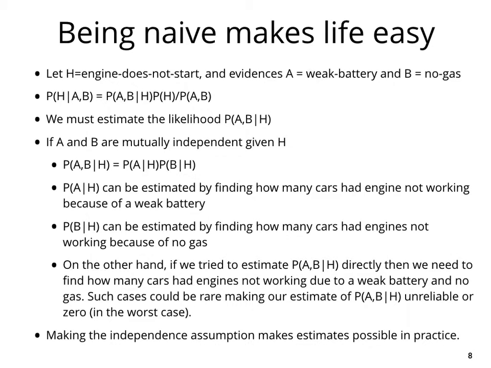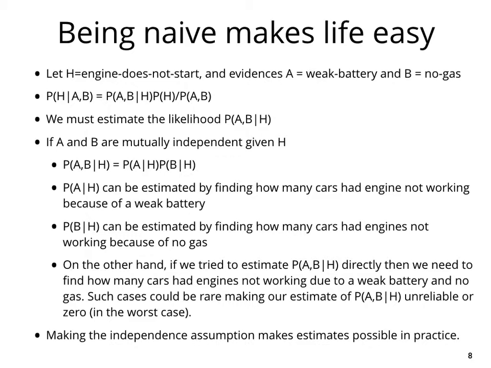So assume that we are considering this hypothesis that the engine does not start, and we have evidence for this, two pieces of evidence in fact: whether the battery is weak or we don't have gas. And if we did not assume these evidences to be independent, then we have to observe situations where both A and B happen, and how many times out of those situations H was true versus H was false.